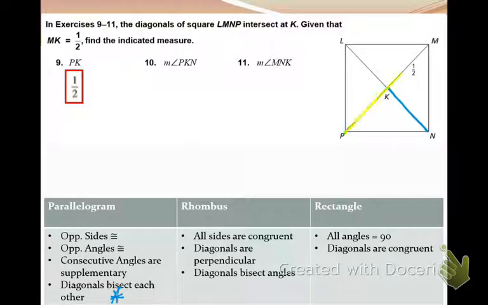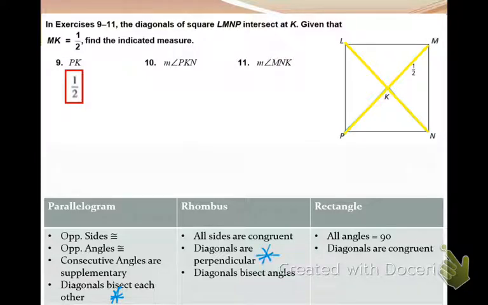All right, so then we're looking for PKN. What you want to notice is that this is where the two diagonals intersect. A square has the same properties as a rhombus. What happens when the diagonals intersect in a rhombus? They form 90. So that applies here as well.